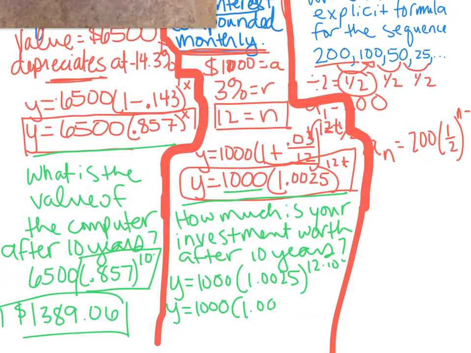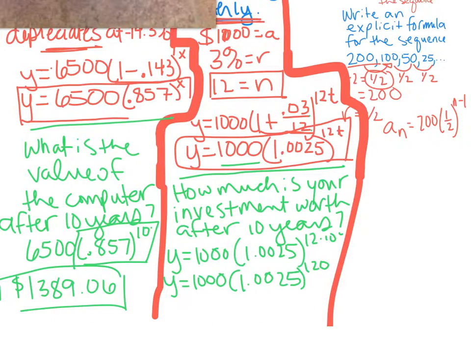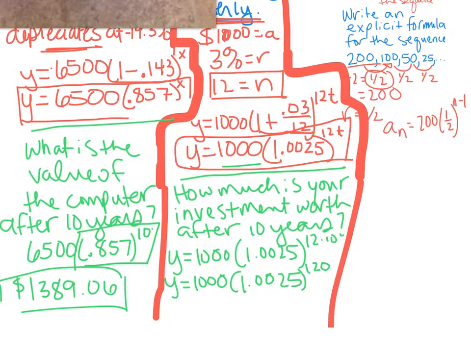Simplify what you can simplify before you turn to your calculator. And then again, you need to raise your base to the exponent first and then multiply second. You will find that your investment will be worth $1,349.35.